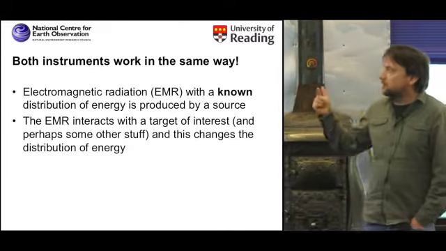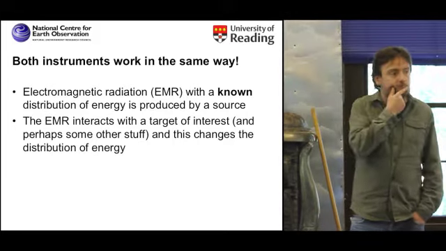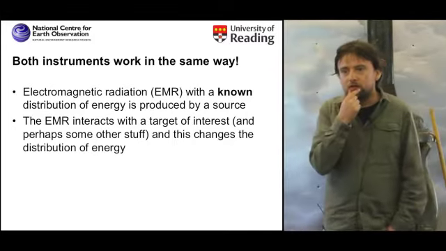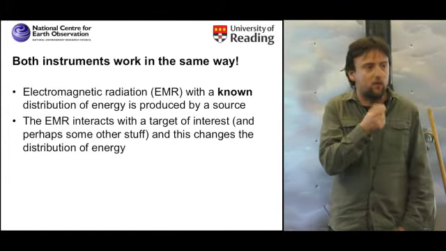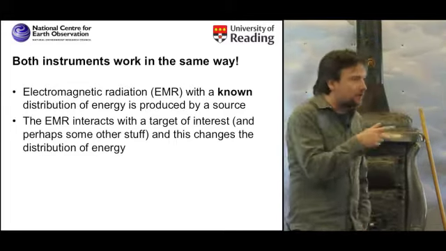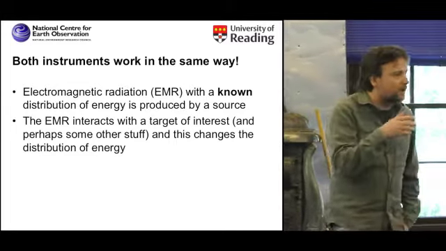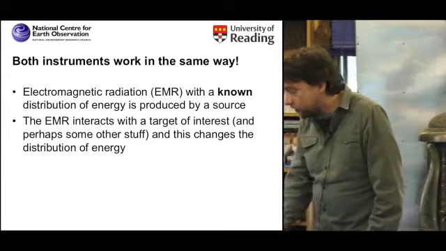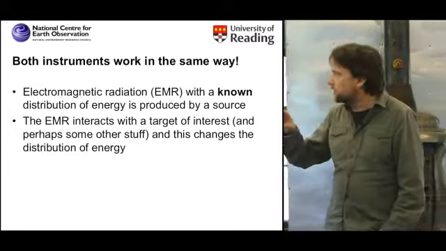That radiation interacts with a target of interest. And this changes the distribution of that energy in some way. So in the LICOR, it's infrared radiation being absorbed by carbon dioxide. And we'll look at examples of how that happens for remote sensing.